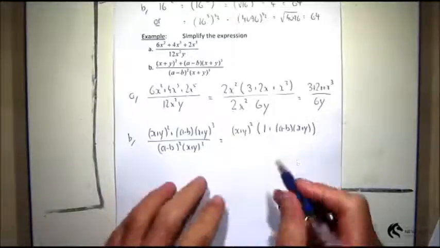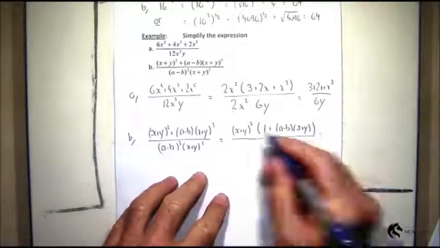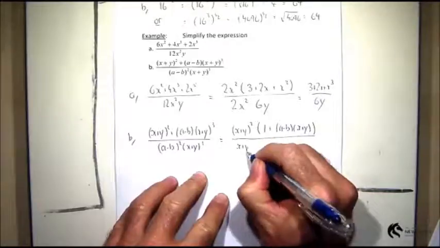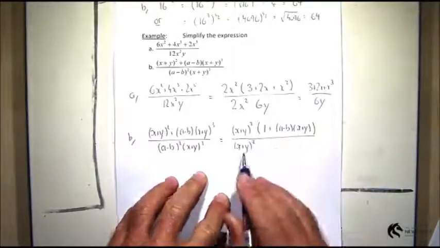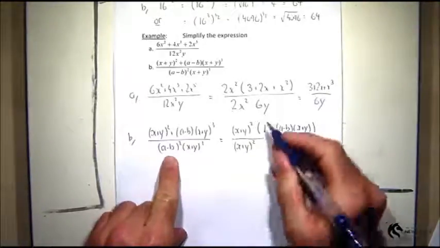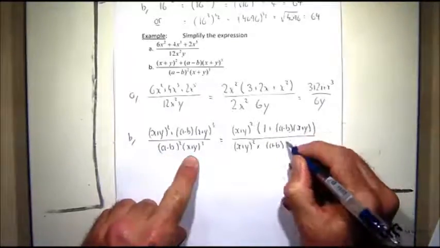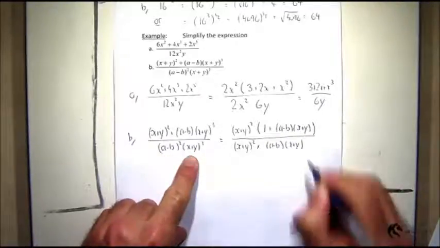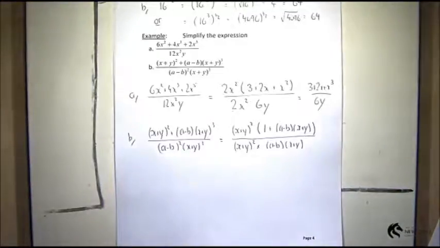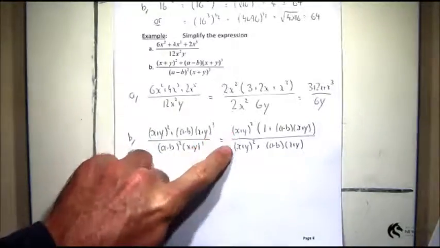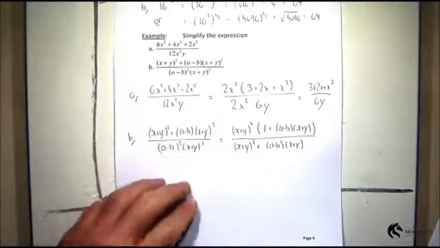Now in the denominator, I would really like to be able to see an (x plus y) squared. What have I got to do? I multiply that by (a minus b) squared and another (x plus y). So I've multiplied by (x plus y) squared and divided by (x plus y) squared, so they cancel out nicely.